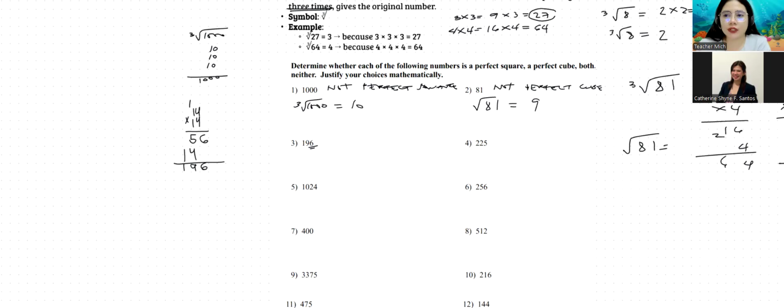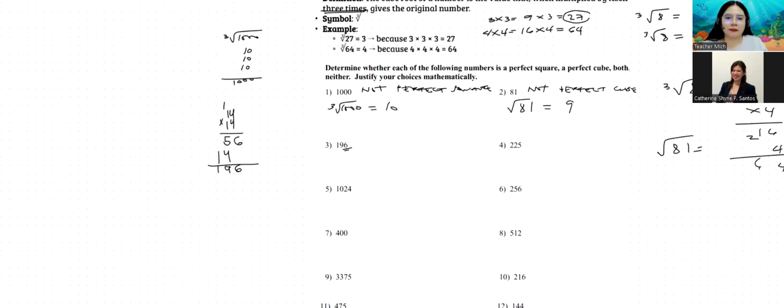Okay, 5. Or you try 6 times 6 times 6. Since you already know that the cube root of 125 is equal to 5, if the result is more than 196, therefore that is not a perfect cube.